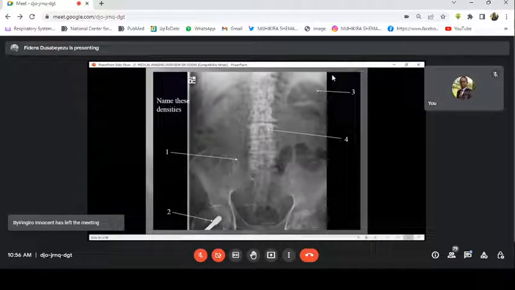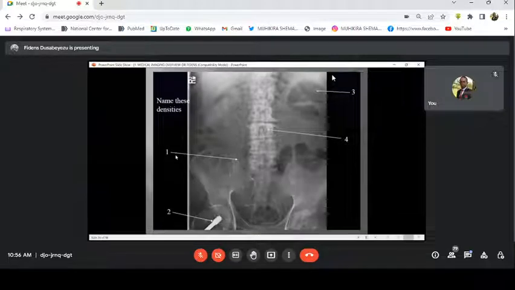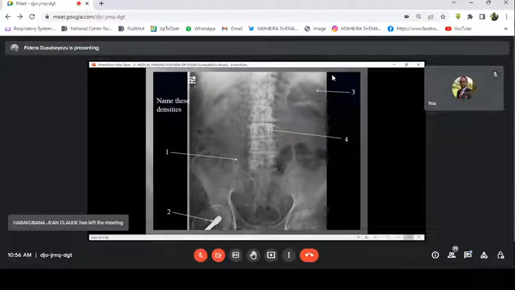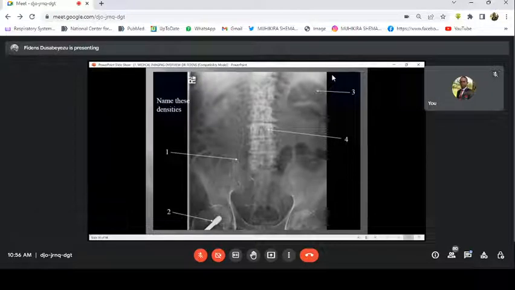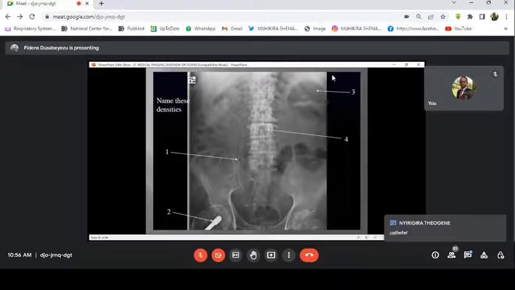Answer number 1. Which density is that? Light gray. Sure? No way. Light gray. Okay, for which density is that? For number 1, soft tissue. Soft tissue, okay. Yes. Number 2.